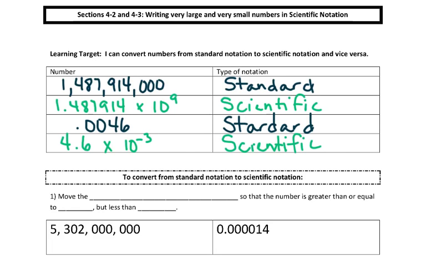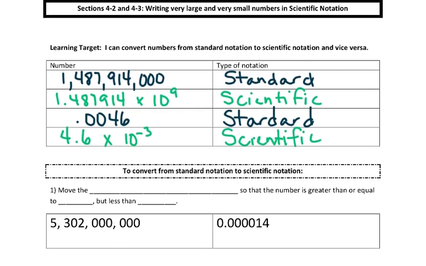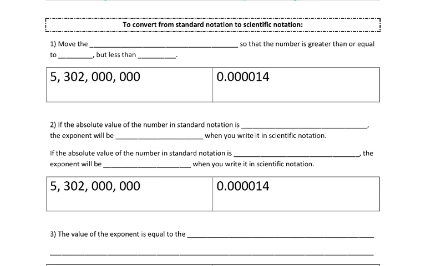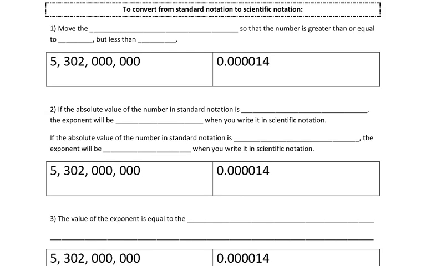So let's go ahead and learn how to do that. To convert from standard notation or standard form to scientific notation, we're going to move the decimal point so that the number is greater than or equal to 1, but less than 10.